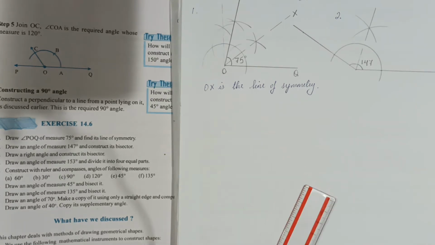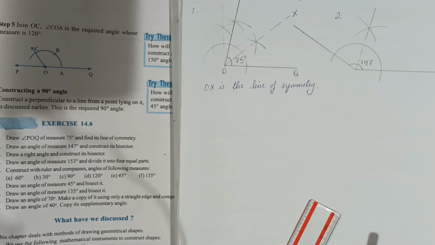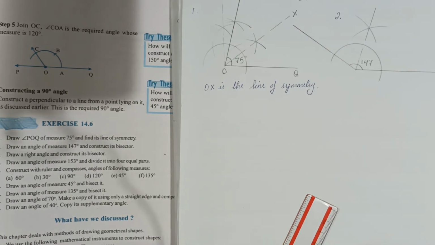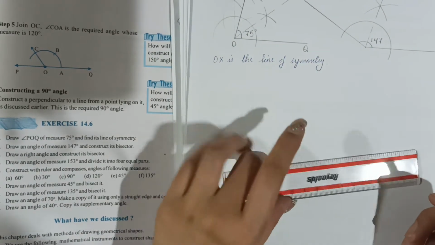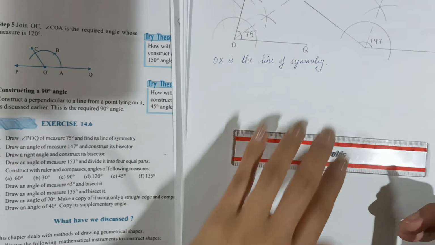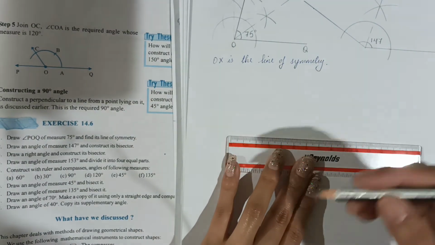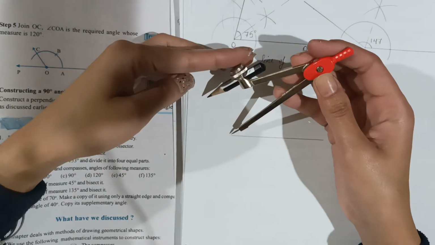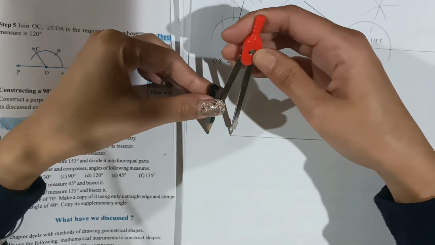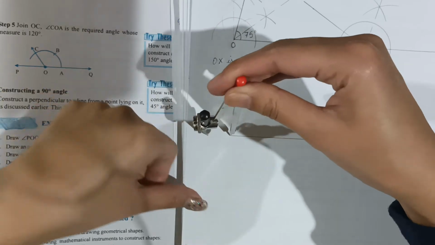Number 3, draw a right angle and construct its bisector. We can draw a right angle with our scale and compass only. Now take any radius you want, draw a semicircle.